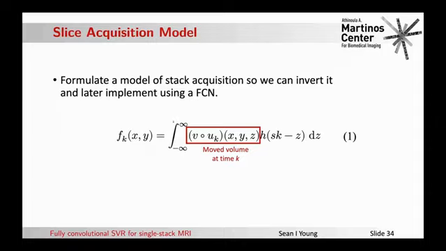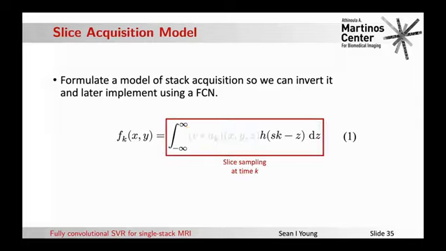So say you have an underlying volume V, that's the unknown, right? Because if you had V, then you wouldn't be doing any of this. The forward model assumes that at time K, that volume V goes through rigid motion. And then there's a slice-based acquisition at time K, which is like a convolutional process, right?